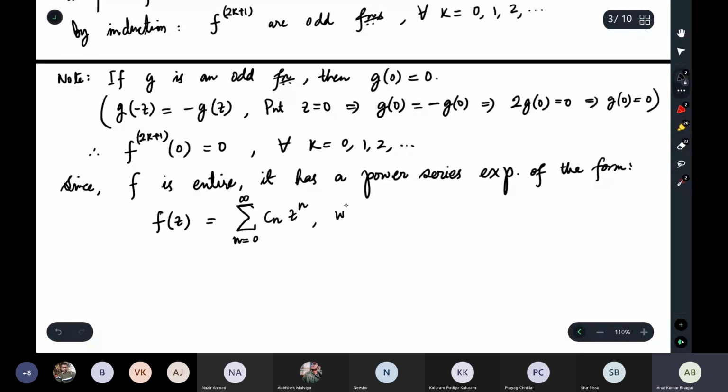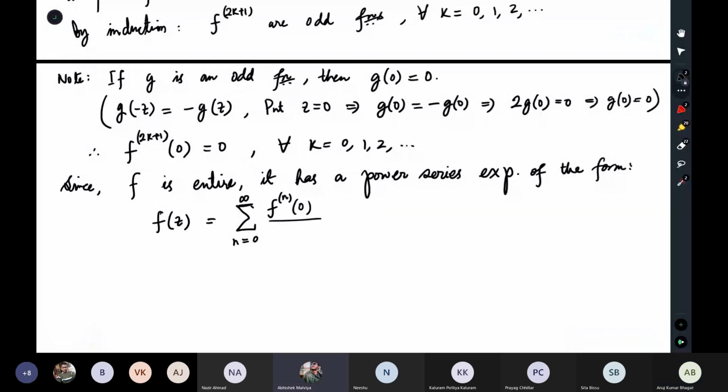Okay, what will be c n? Can I write it directly? What is c n? The derivative, right? The n-th derivative at 0 divided by n factorial. Right.